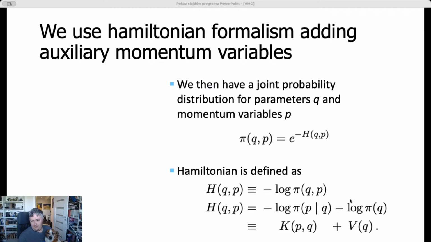We can then observe that because of the structure of the joint as a product of likelihood and prior, and this is a logarithm, we can easily split it into two parts: the logarithm of likelihood and the logarithm of the prior. So we have two functions, kinetic energy and potential energy, that are described in our Hamiltonian.